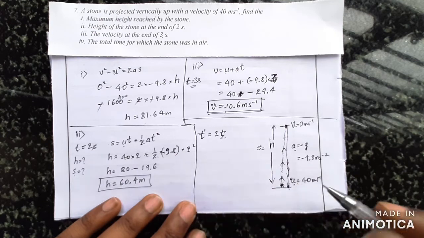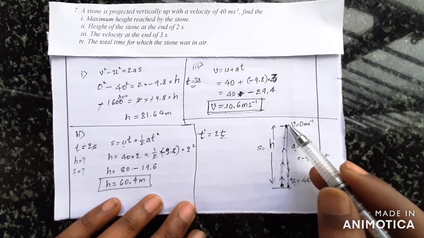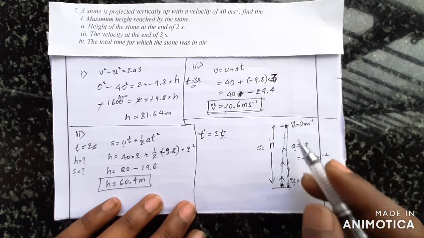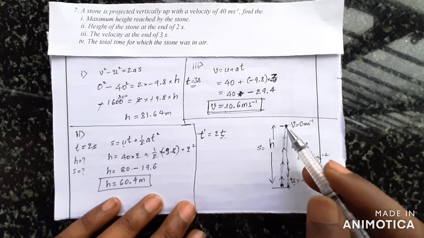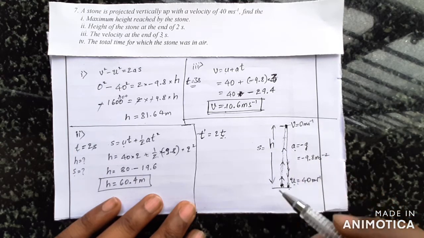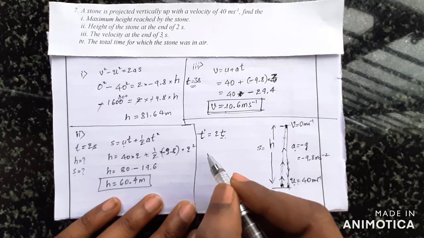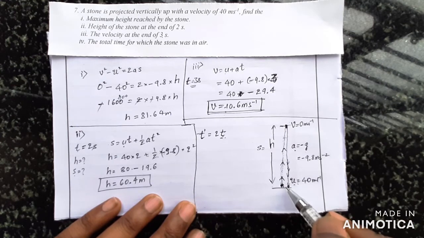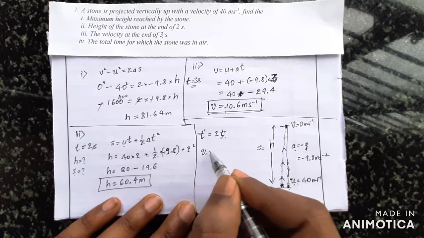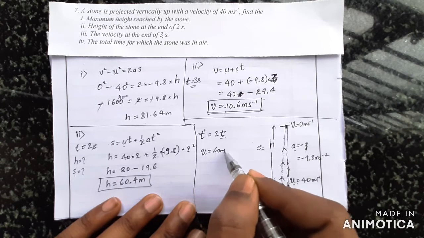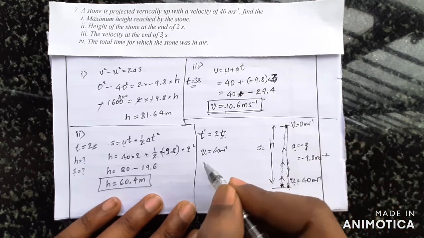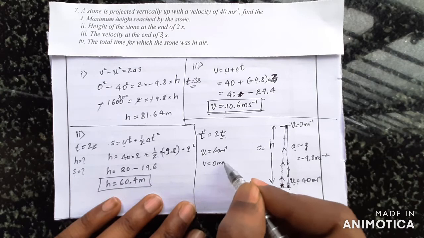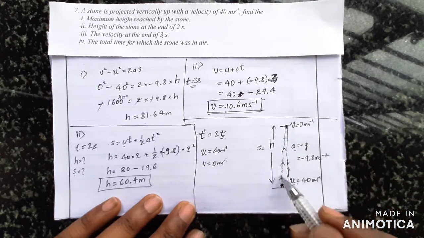So we have to calculate the time taken by the body to reach the topmost point, which means the motion begins here and ends here. So for this motion, initial velocity u is 40 meter per second, final velocity v is 0, because at the topmost point velocity is 0, right?